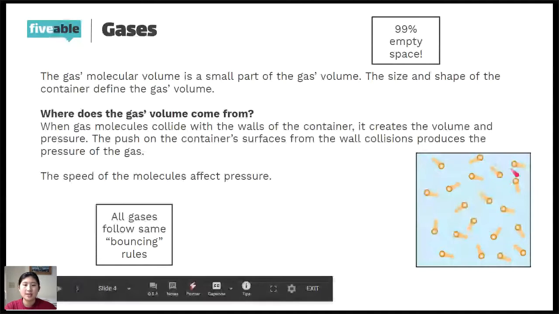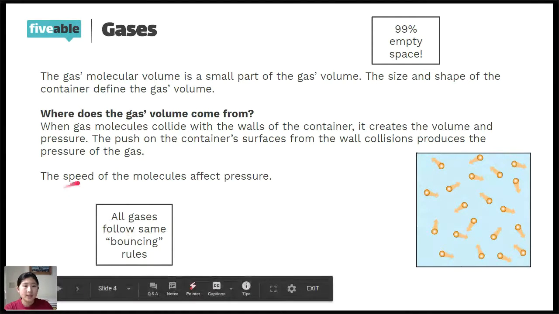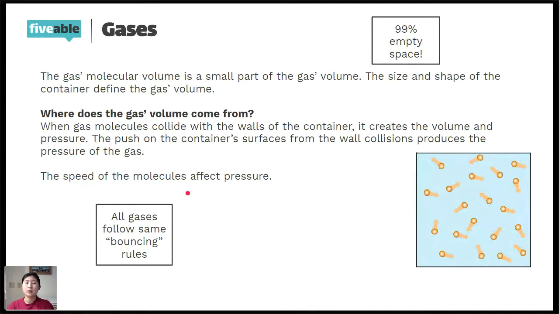If this was in 3D, you would see it in a box or cube. You can see the gas molecules bumping into the surfaces of the container, and that bumping creates the pressure and the volume. The speed of the molecules also affects the pressure.